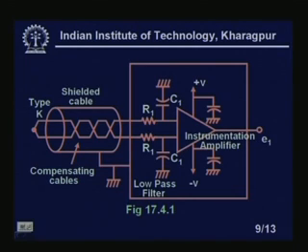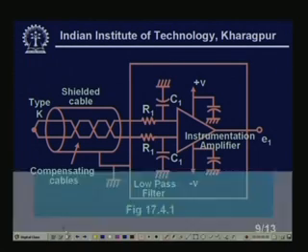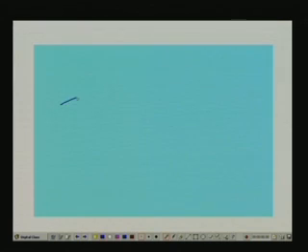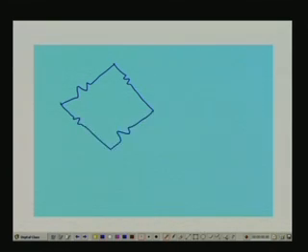So the circuit will look like this. We have the cold junction compensation circuit.